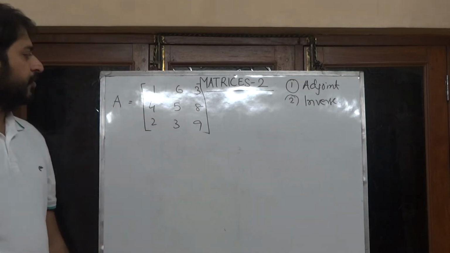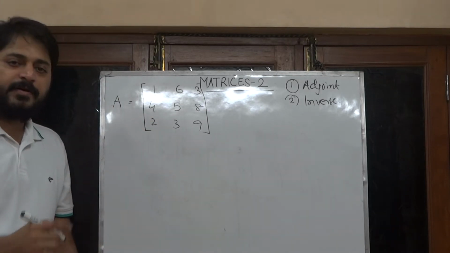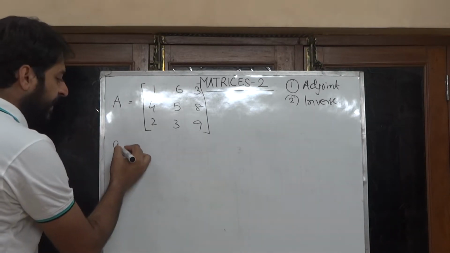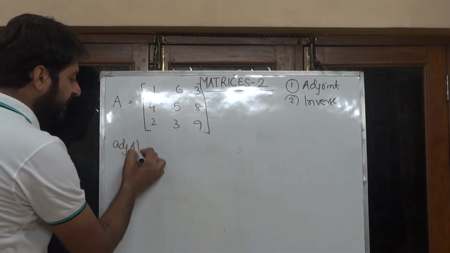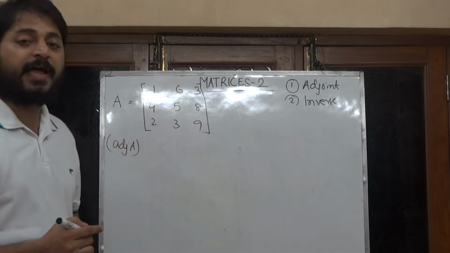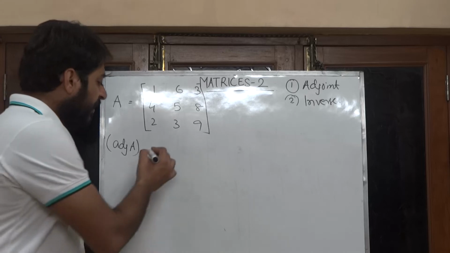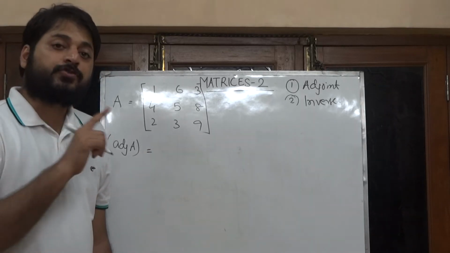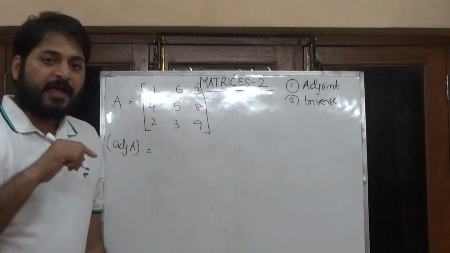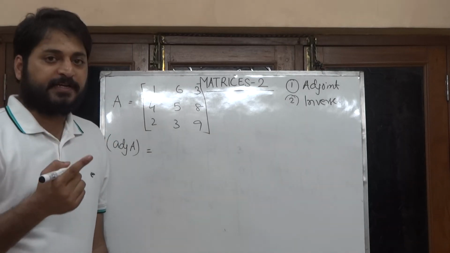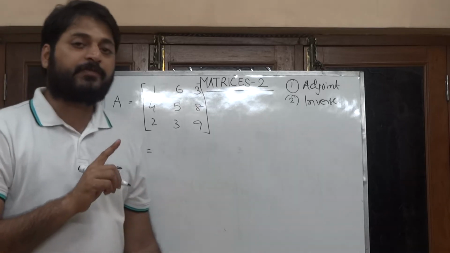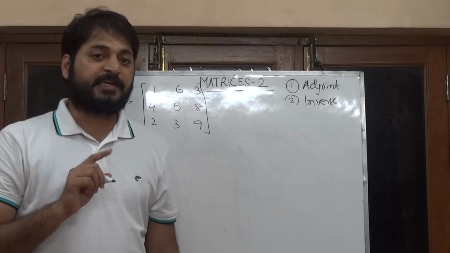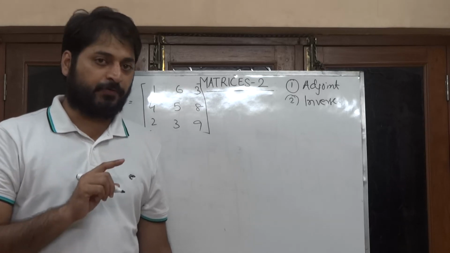This is the matrix A. The adjoint of the matrix A is denoted by adjoint of A, ADJA, or the adjugate of A. The adjugate of A is the matrix of its cofactors and then transposing it. Mark my word, adjoint of the matrix is the transpose of the matrix of their cofactors.